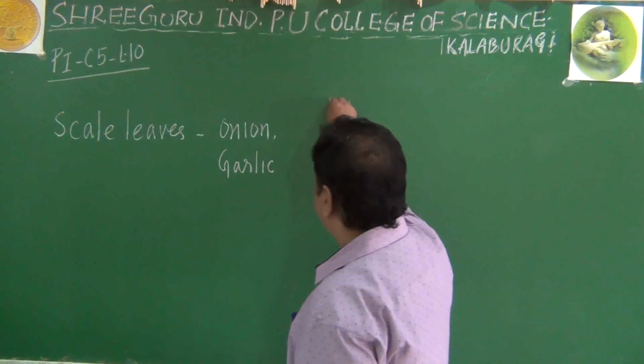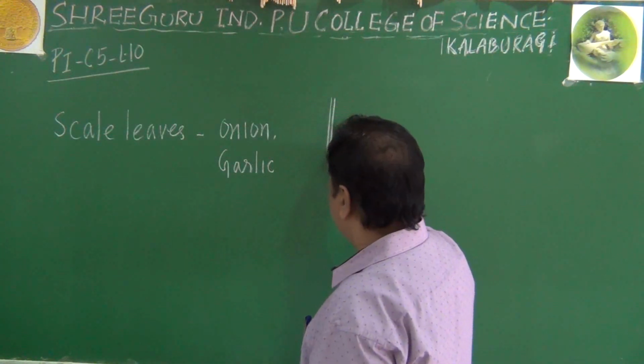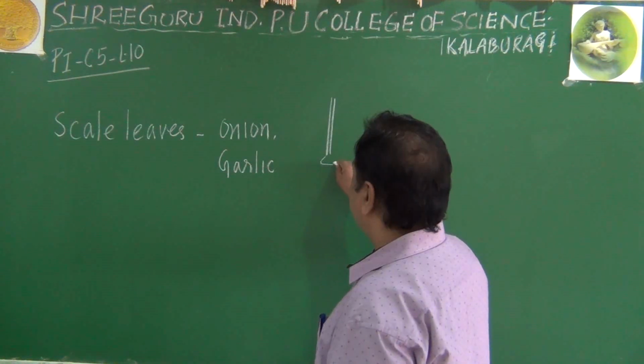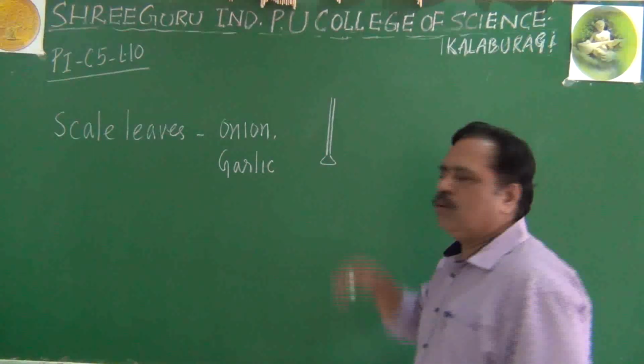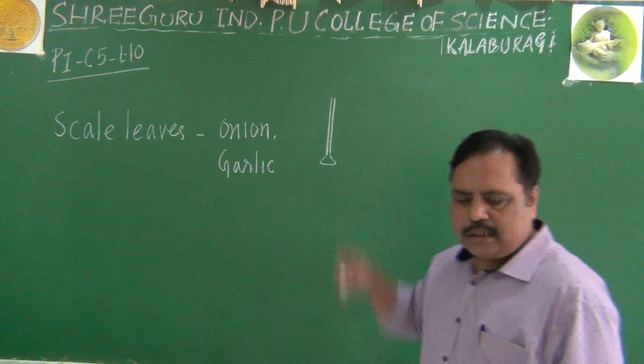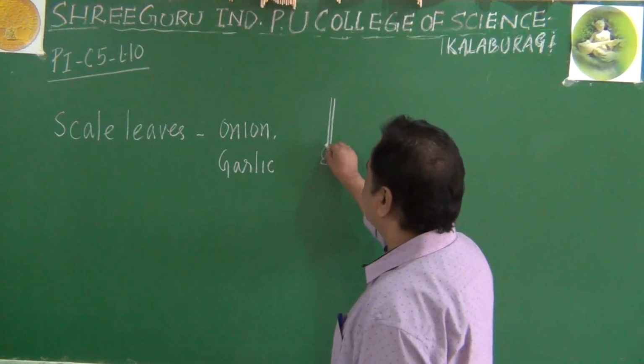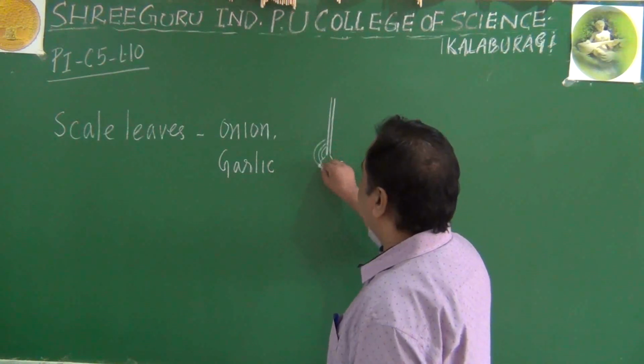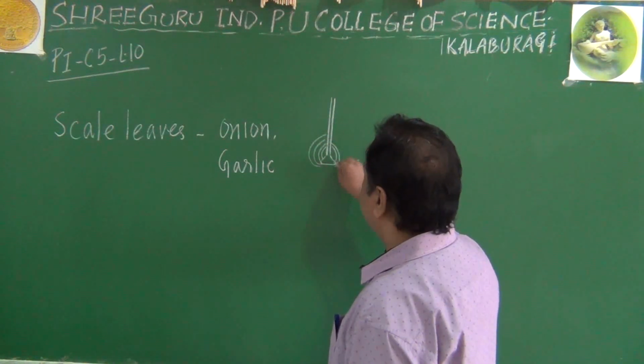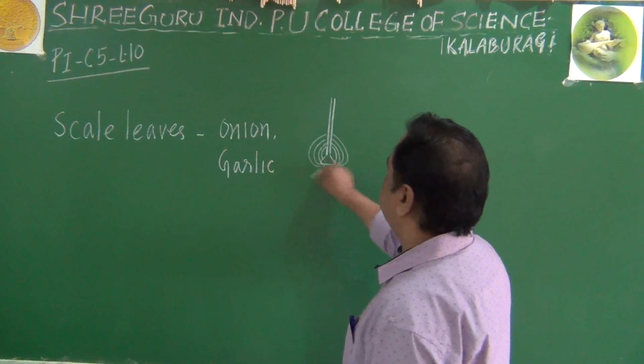In an onion bulb, the stem will be like this, a disc-shaped structure below the soil. From this disc-shaped structure, many scale leaves will arise like this, and they will group together. They will become the onion bulb actually.